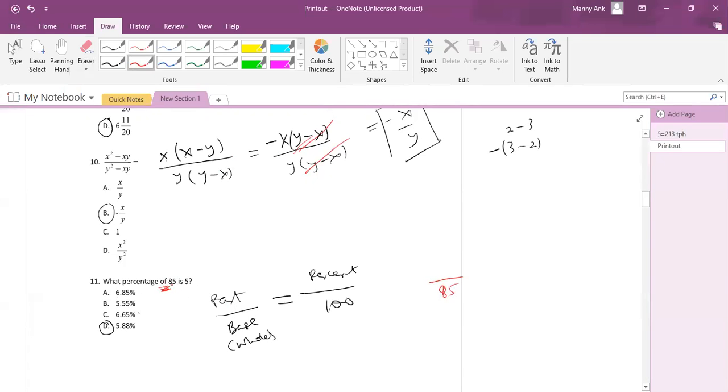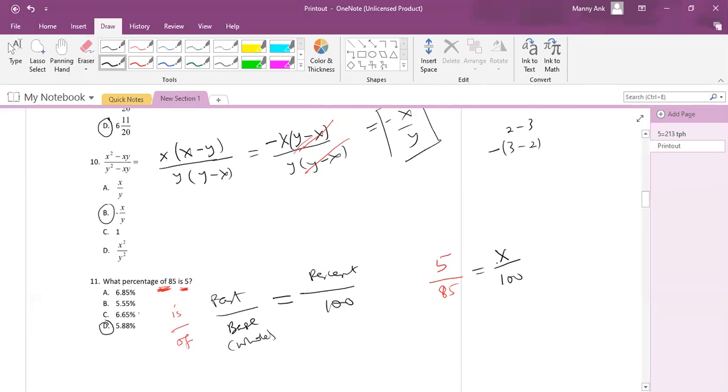The "is" is the portion, so this is 5. So this is equal to x over 100, because 100 always goes with the whole. That will be a percent proportion.